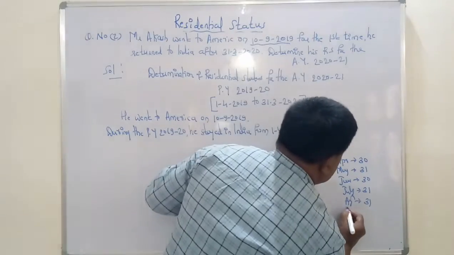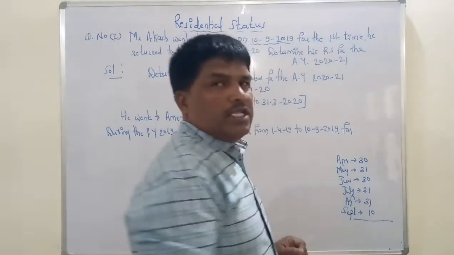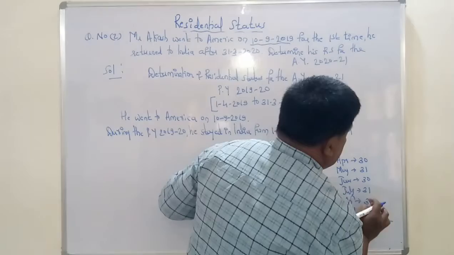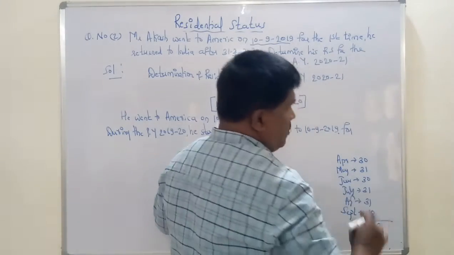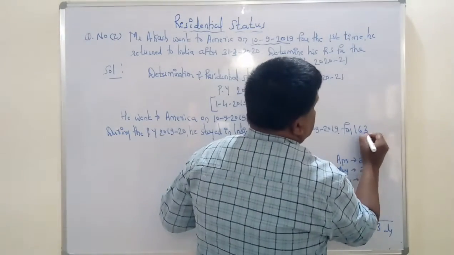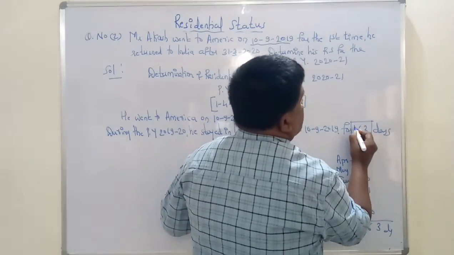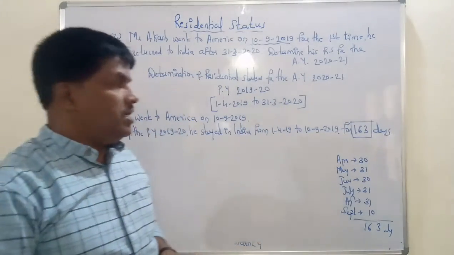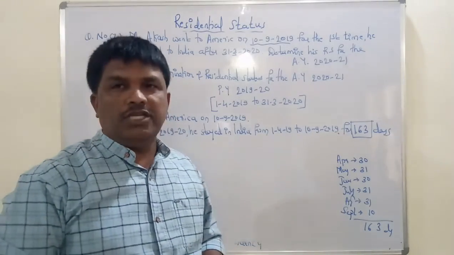So September 10 days. So you count the days. Comes 163 days. Okay, 163 days. So it means during the previous year he stayed in India for 163 days.